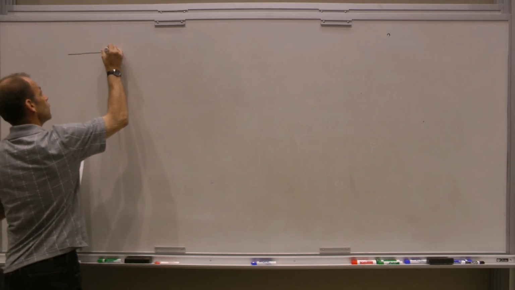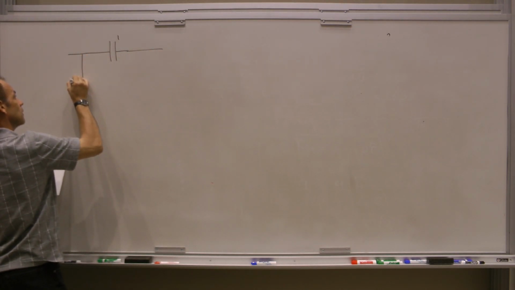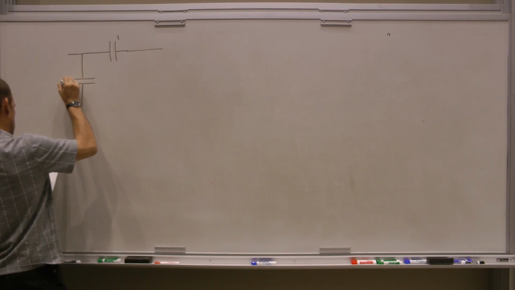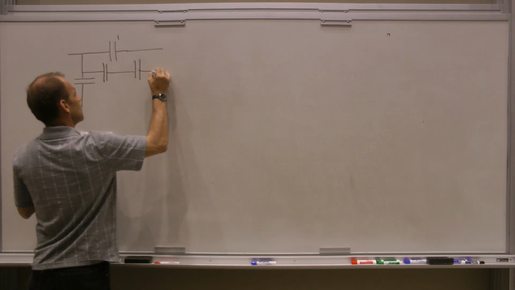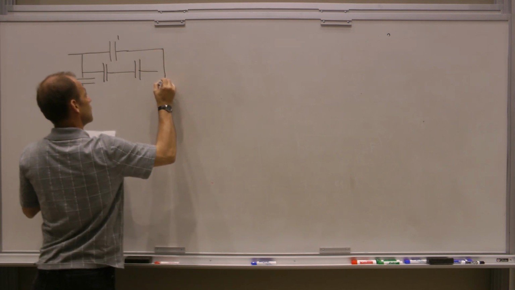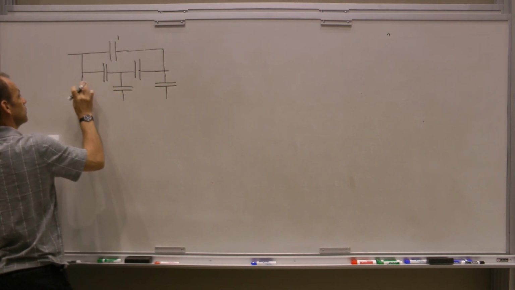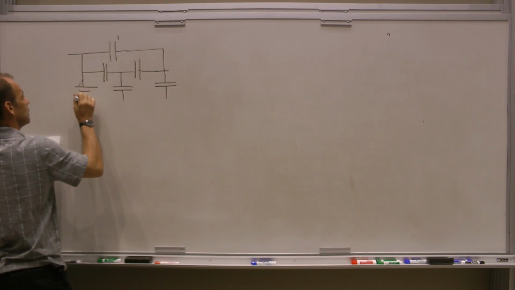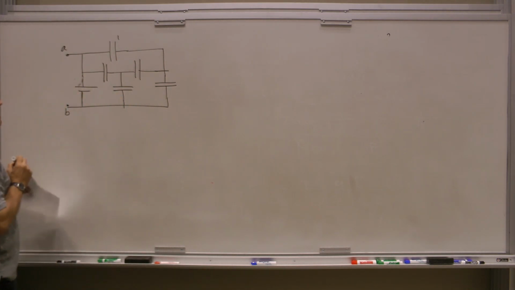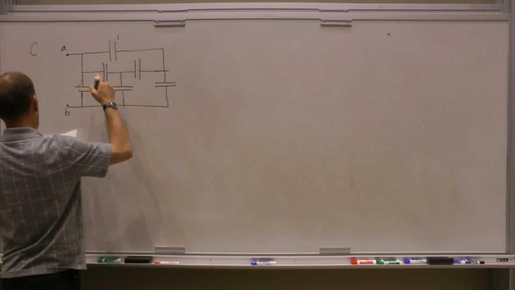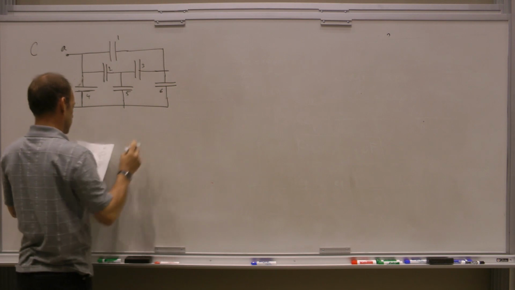You're given a capacitor that we're going to call capacitor 1, connected through this capacitor... here's A and here's B. All the capacitors have the same capacitance, C, and this is going to be capacitor 1, capacitor 2, 3, 4, 5, and 6.